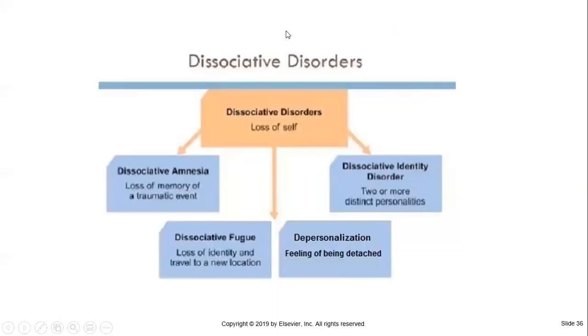As I told you, dissociative disorder may involve loss of self, such as dissociative amnesia. The individual has difficulty remembering key information about themselves, such as loss of memory of traumatic events.